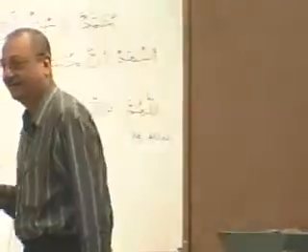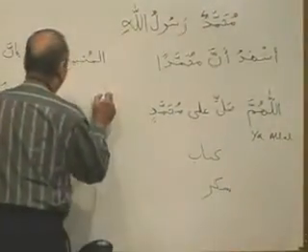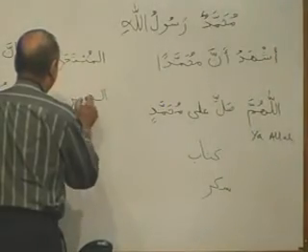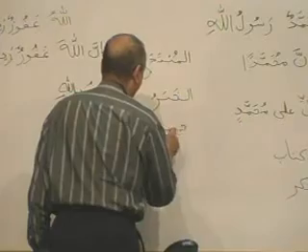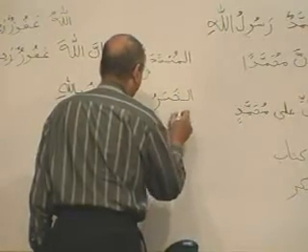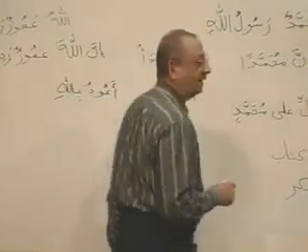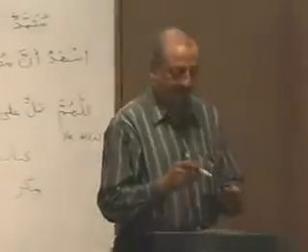And what is called predicate in Arabic? Very simple. Khabar. Aaj ki taza khabar kya hai? Khabar. Al-khabaru. Or you'll say khabar. Are you with me? What does khabar mean? Khabar means news.